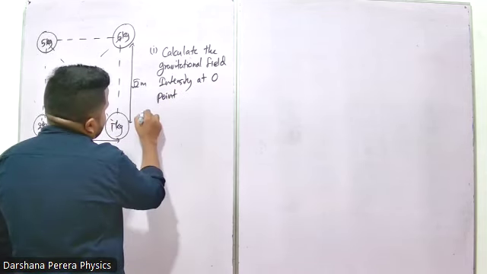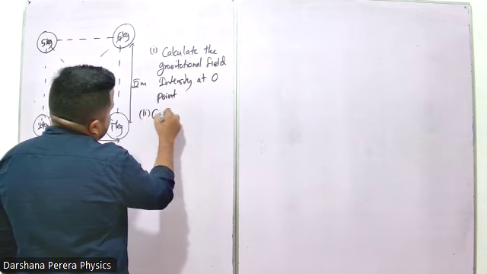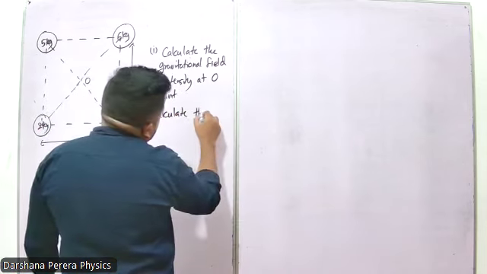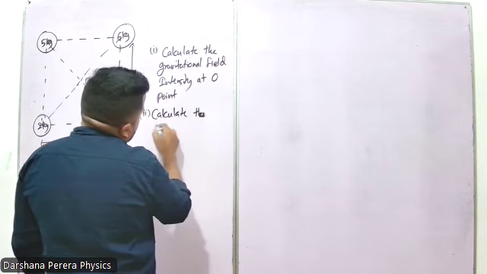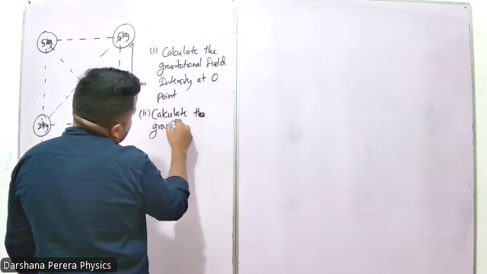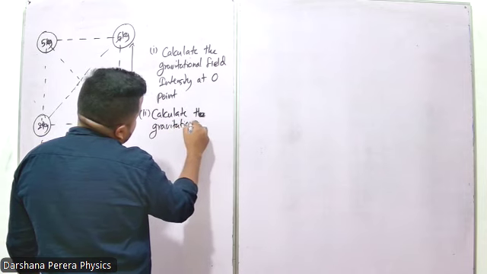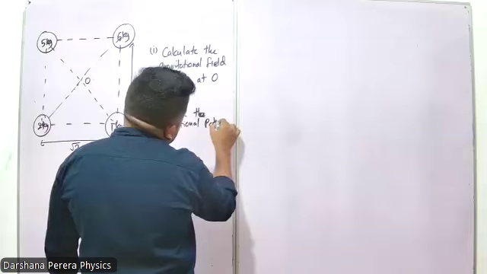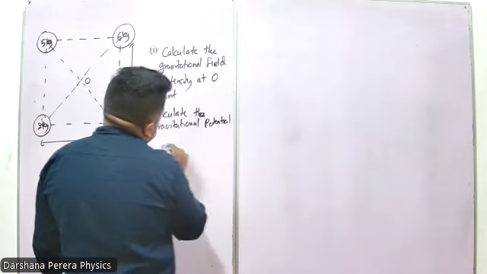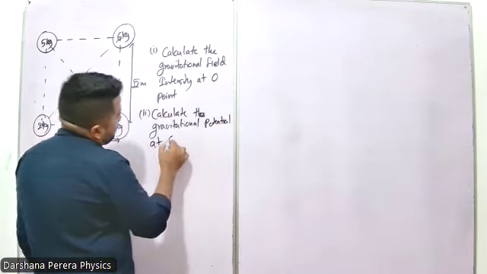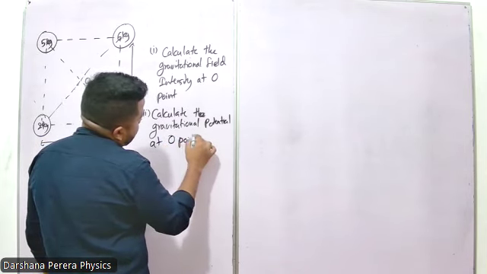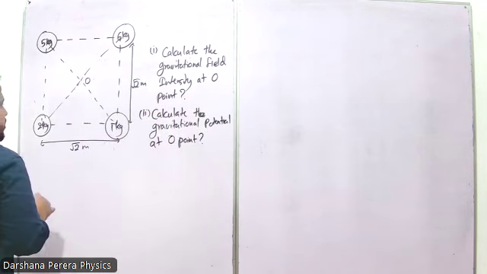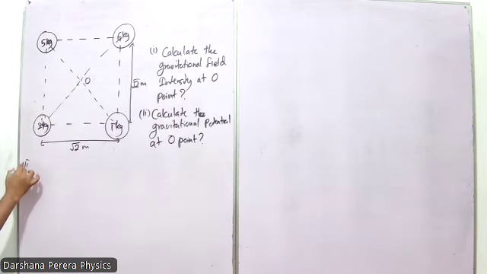Number 2. Calculate the gravitational potential at 4 point. Okay. Number 3.